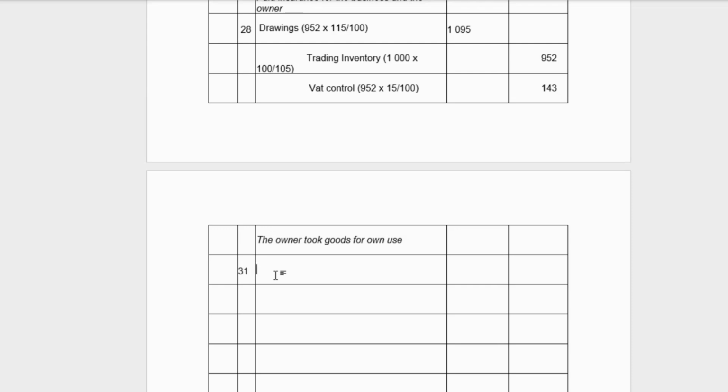You are going to debit salaries and wages because they are expenses. And then we credit our bank because we made a payment, of 45,000. Remember, we're not going to account for VAT here.